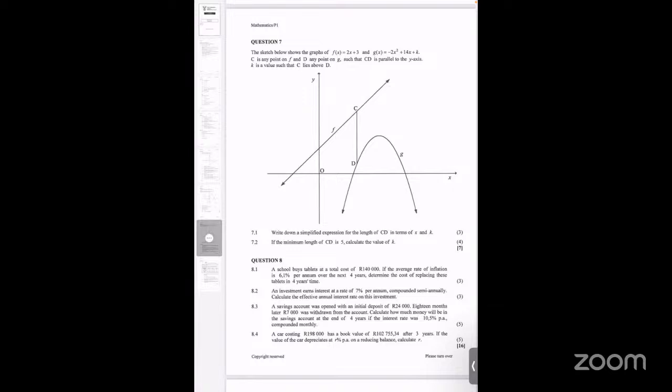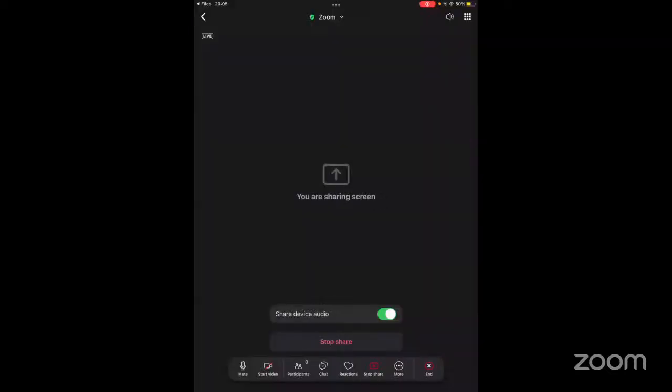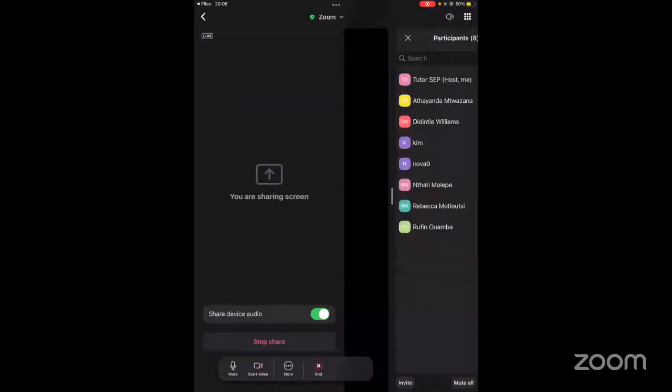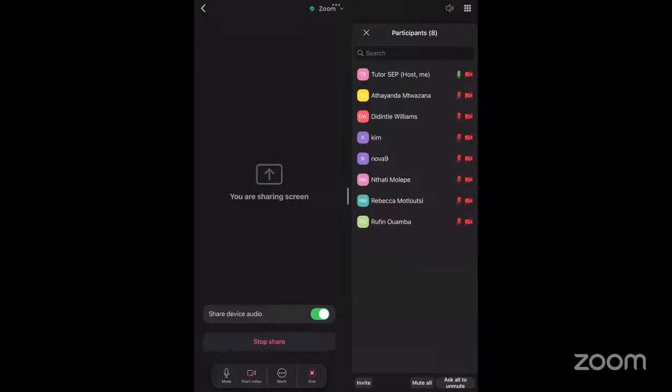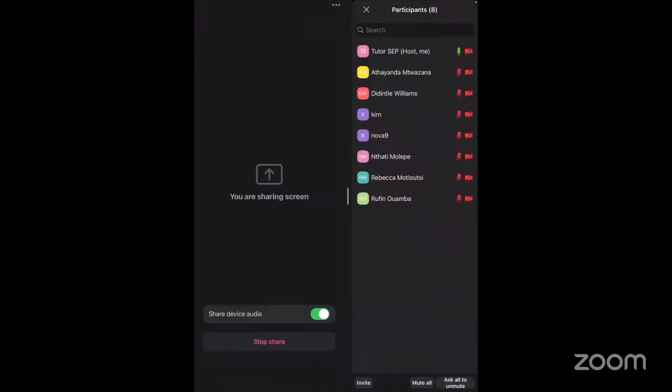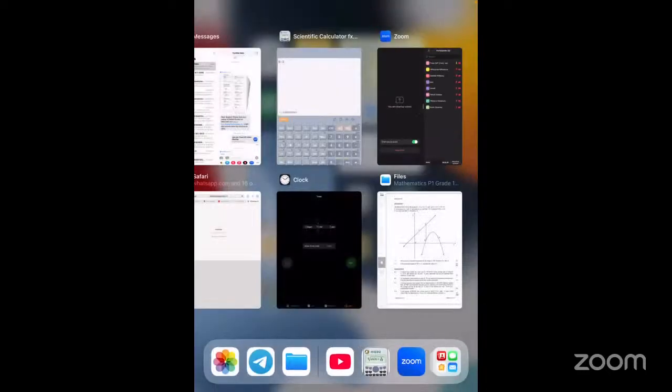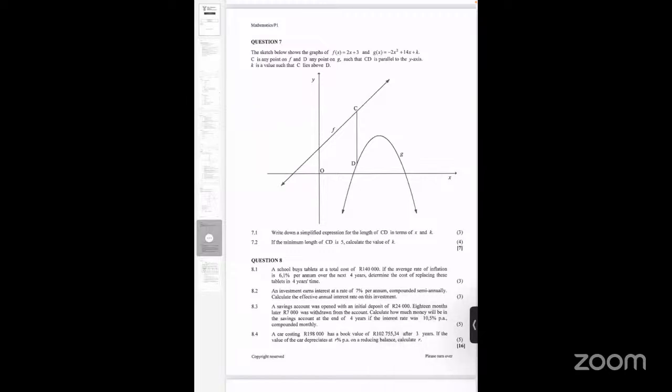Before I give it to you guys to work it out, do you guys have an idea of where to start in answering that question? Not an easy one, not a straightforward question, but I would like to check. Anyone who would like to try and explain exactly how we can represent CD in terms of x and k?